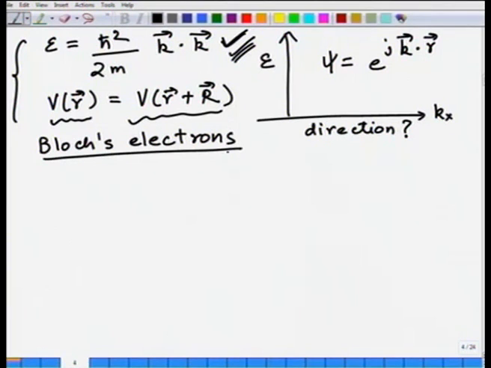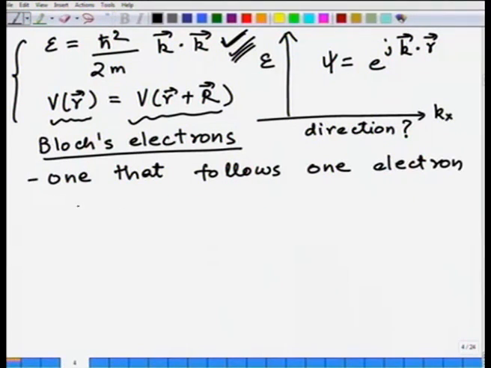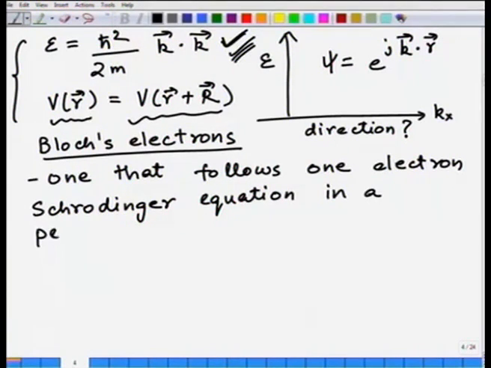So let us start with what is called Bloch's electron. What is this Bloch's electron? One that follows the one electron Schrodinger equation in a periodic potential.